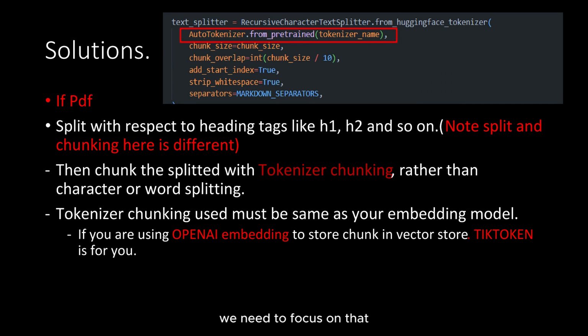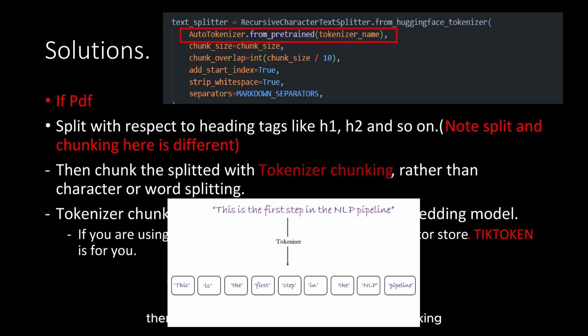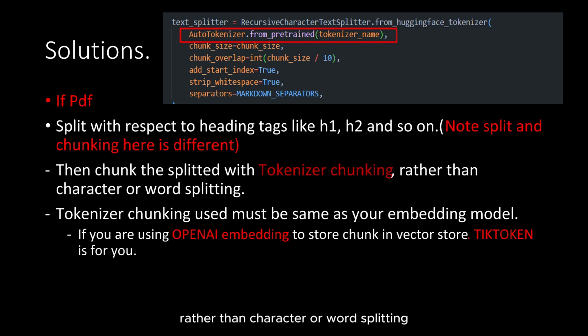Here we need to note that the split is not the same as chunking. After we have split our PDF into the heading tags, what we should do is tokenize the chunks rather than do character or word splitting.